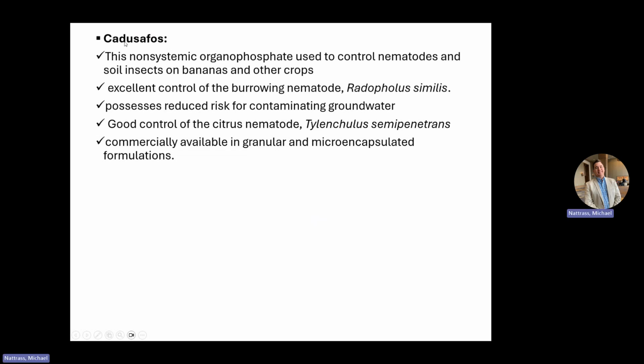Like this one, we like cadusafos, in that it's not going to contaminate the groundwater. So it would seem that organophosphates are likely to be your choice compared to fumigants or carbamates.